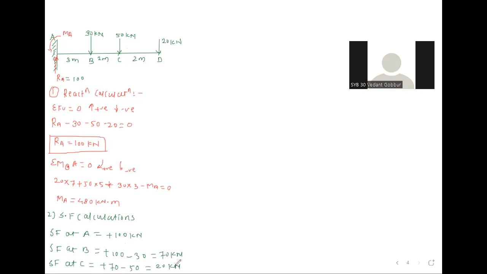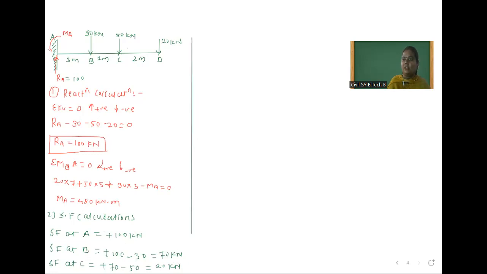After that, shear force at D. Again in between C to D, there is no force, and at D point, downward 20 is there. So up to D point, force is plus 20, and at D point downward force, so minus 20, which is equal to 0 kilonewton. So these are the shear force calculations.